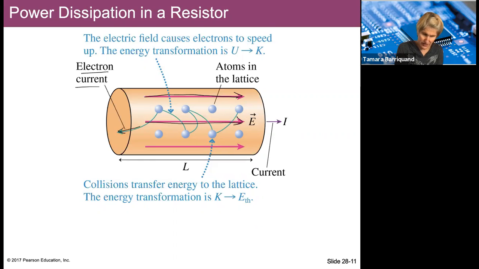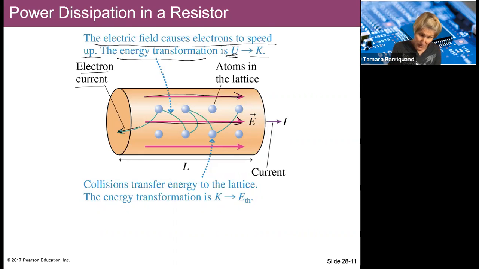So our electron current is going the opposite direction from the electric field. And it's causing them to move and speed up because there's a force. It's applying a force on our electrons equal to the charge of those electrons times the strength of that electric field. The electric field is causing the electrons to speed up. So there's an energy transformation from potential energy to kinetic energy because they're speeding up, they're going faster.